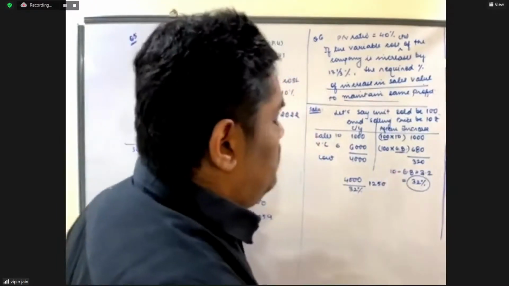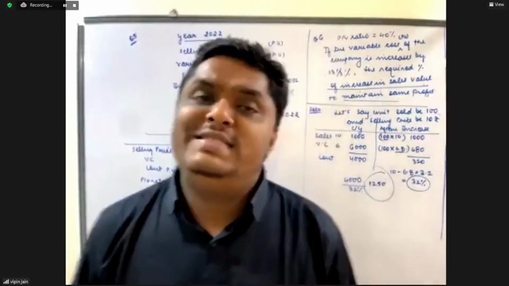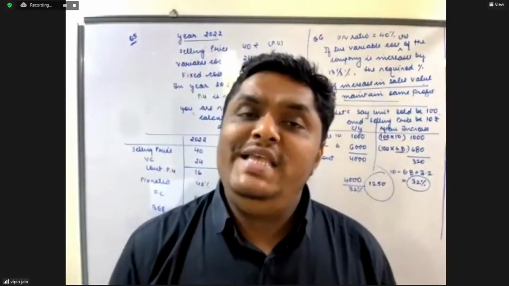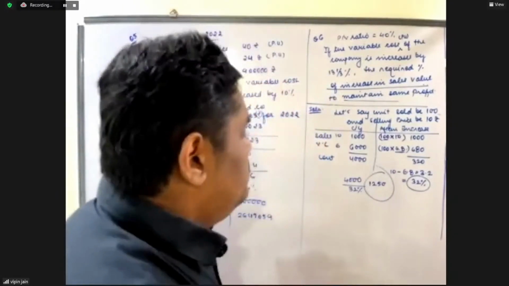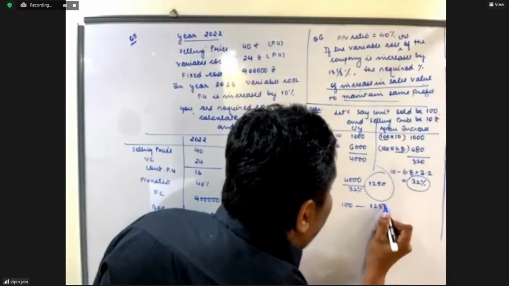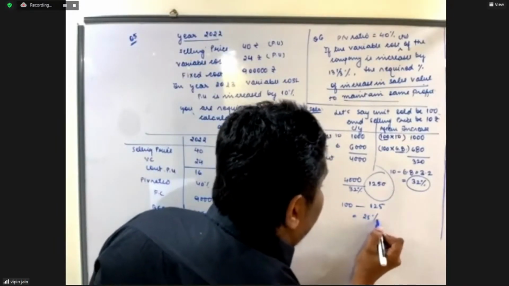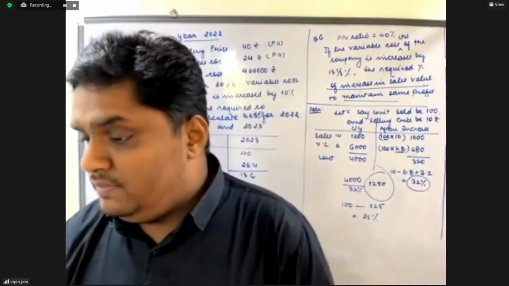So to maintain the same amount of profit, we have to increase the number of units. The increase in units will be how much? From 100 to 125, that is 25%. I hope now this concept is clear to all.